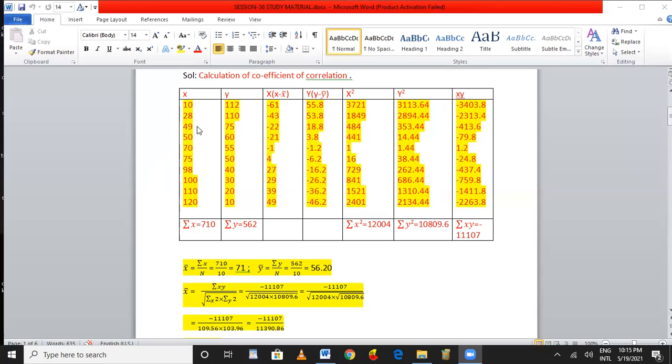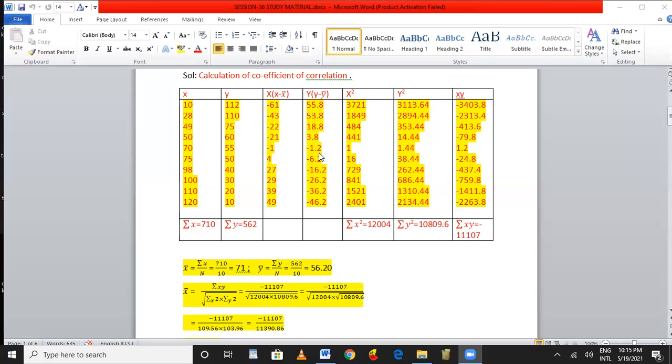Then you have to get xy: minus 61 into 55.8, minus 3403.8. Minus 43 into 53.8, minus 2313.4. Minus 22 into 18.8, minus 413.6. Minus 21 into 3.8, minus 79.8.